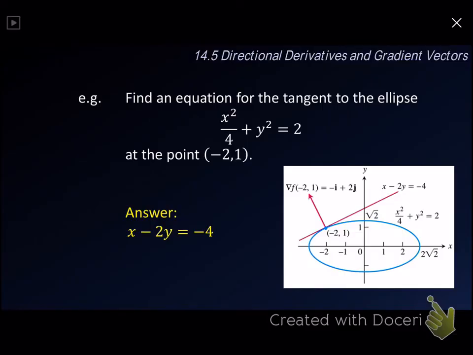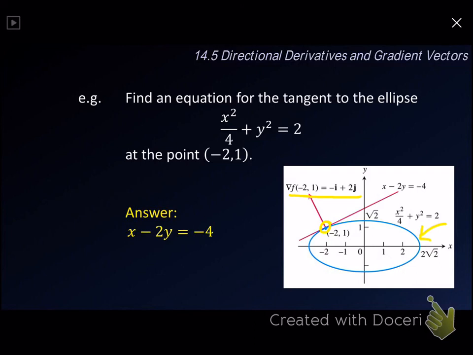Let's take a look at the graph. You can see from this ellipse, we are talking about the point (-2, 1). At this particular point, we have a gradient of f that is -i plus 2j, or (-1, 2) in angle brackets.